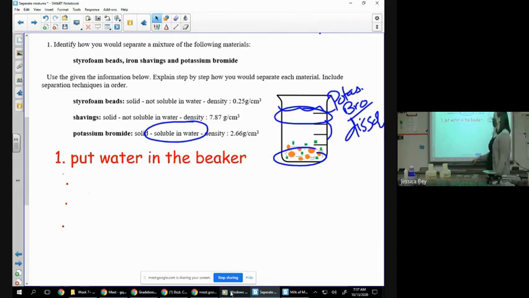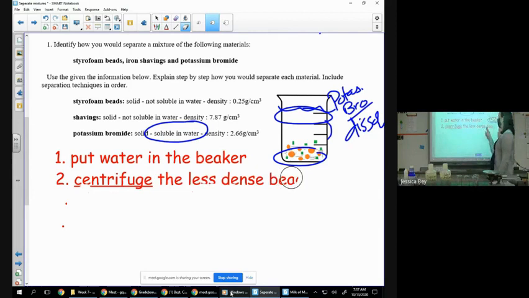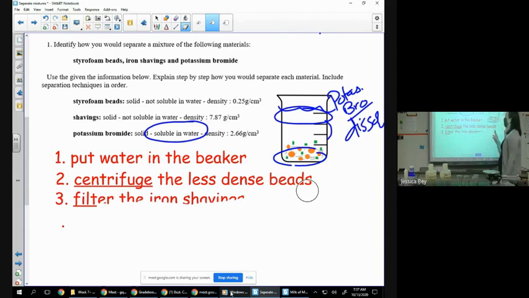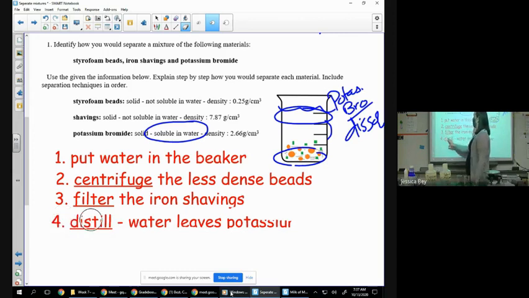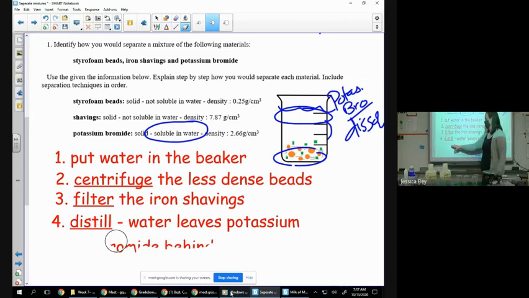So you can centrifuge the less dense beads, your styrofoam beads, and take them off the top. Then you can filter your iron shavings here. Beautiful iron shavings. And then you're left with some dissolved solids. The only thing you can do after that is distill. Your water will leave and your potassium bromide will stay.